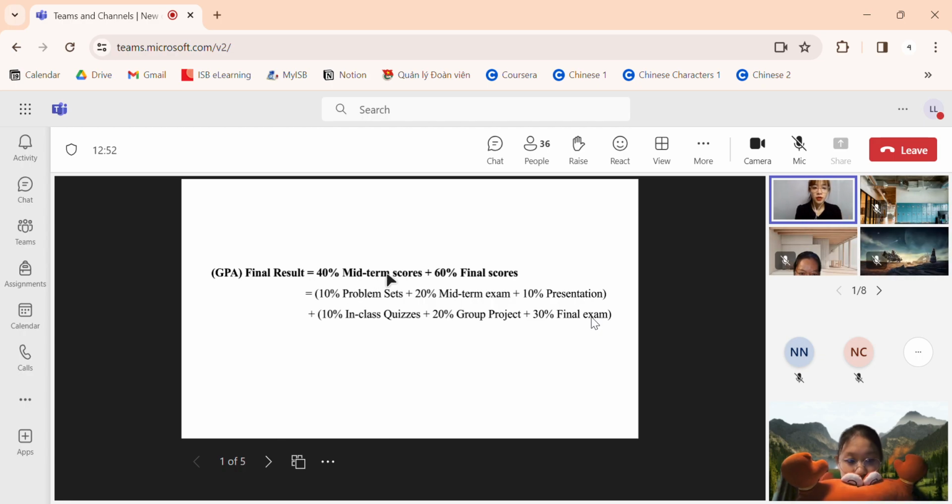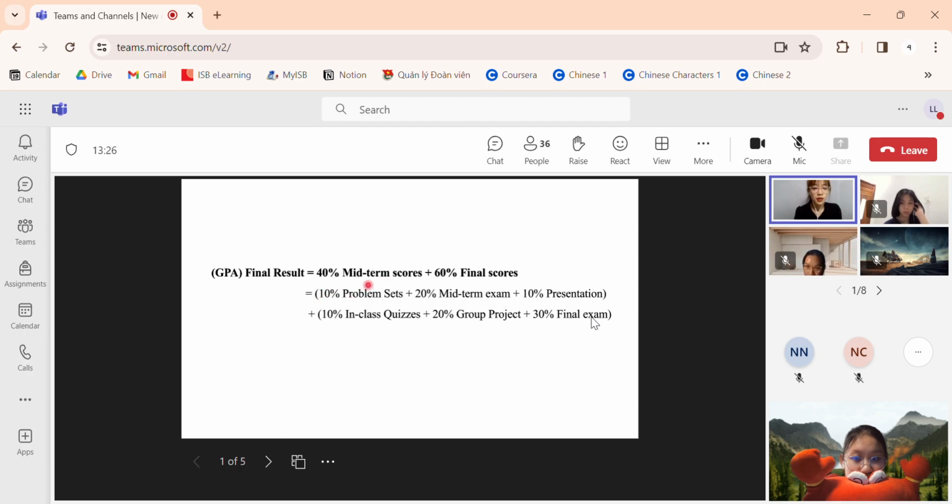For this course, we will compute your midterm score based on three components: problem set, midterm exam, and presentation. The final score would be the in-class quiz, the group projects, and then the final exam. It simply means that all of your assessments will be considered in your GPA. So you need to have a good performance for all the assessments to have a good GPA.